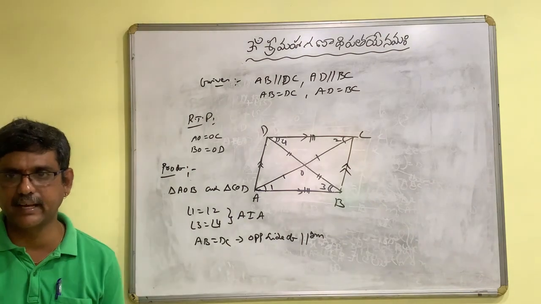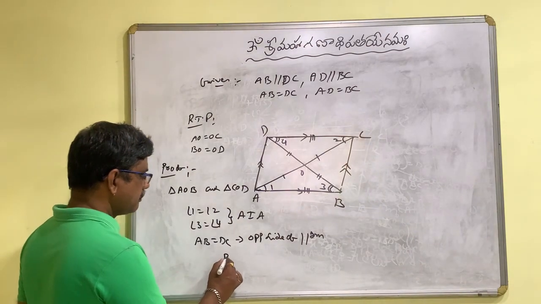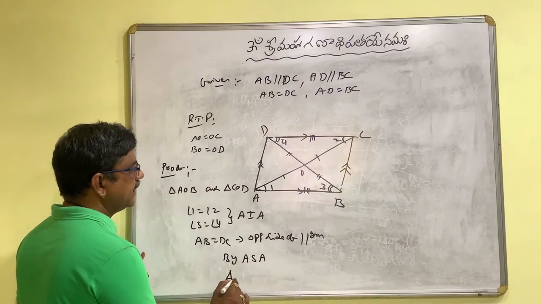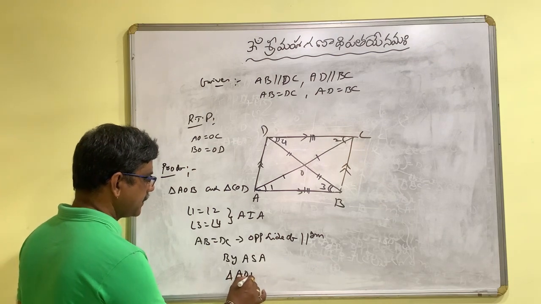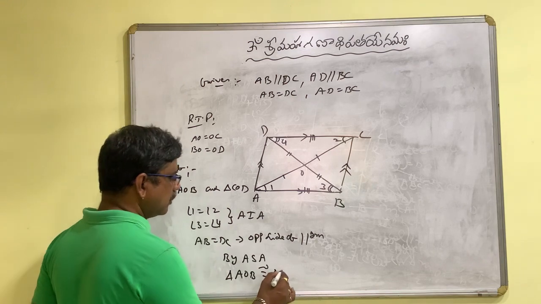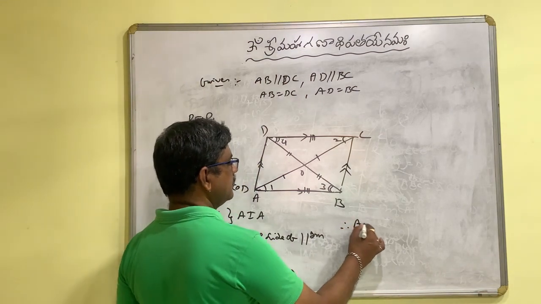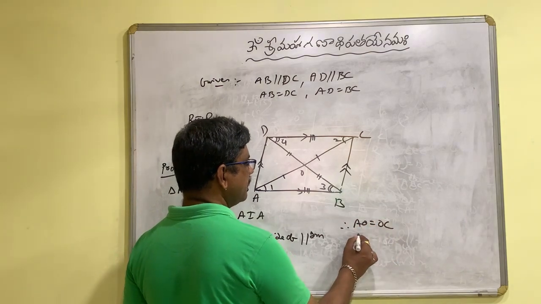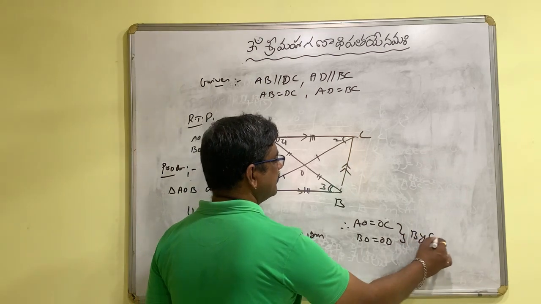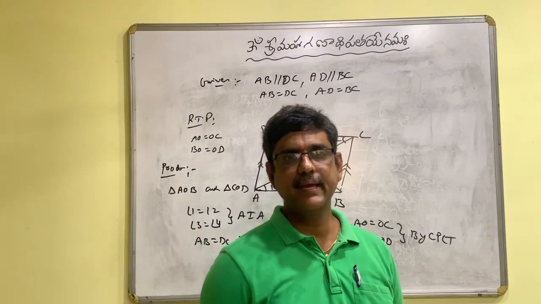ASA congruency criteria. Very good. So by ASA congruency criteria, triangle AOB is congruent to triangle COD. Therefore, AO is equal to OC, BO is equal to OD by CPCT.